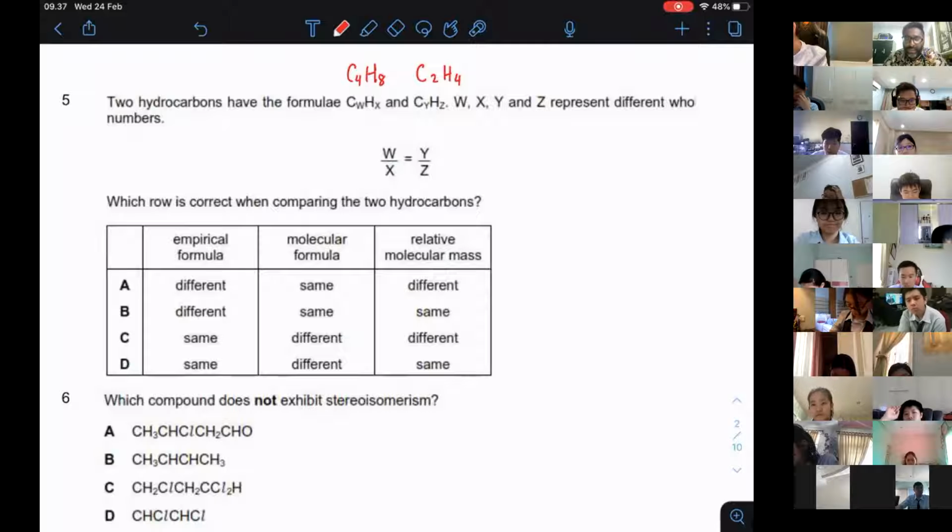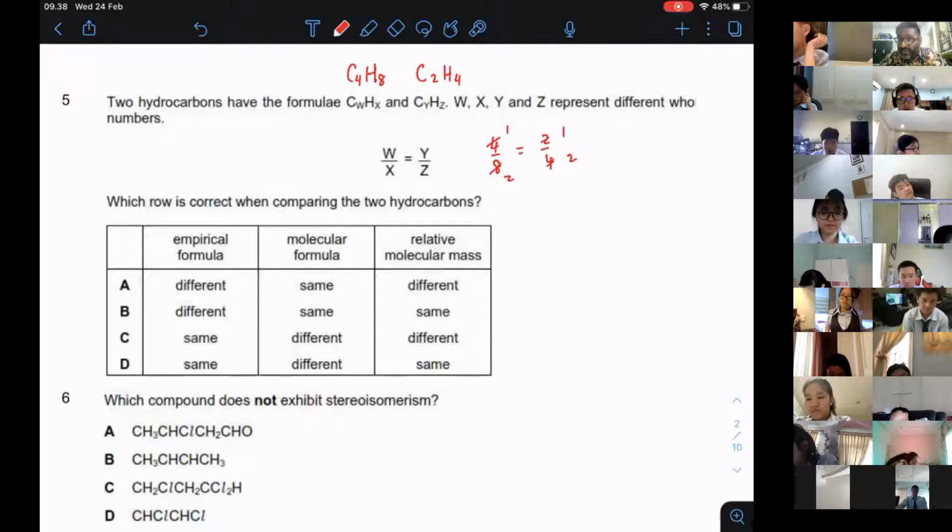So you see here, they have 4 divided by 8, which equals 2 divided by 4. You can see this is 1 divided by 2, so this is 1 divided by 2. That is based on the relationship that they give.